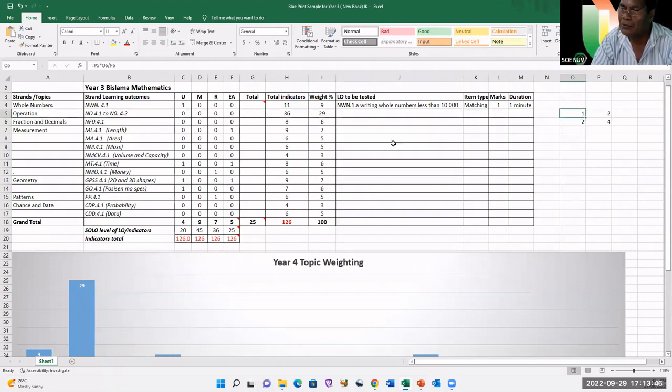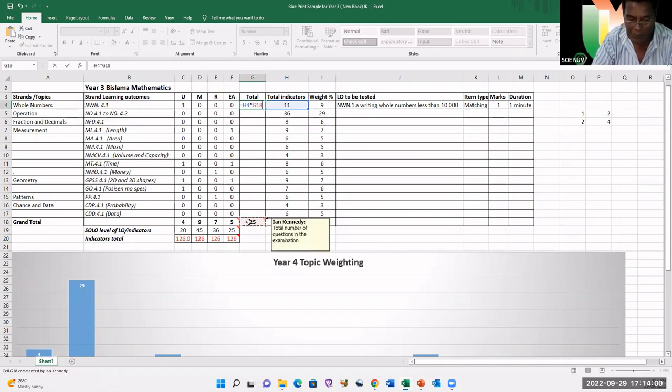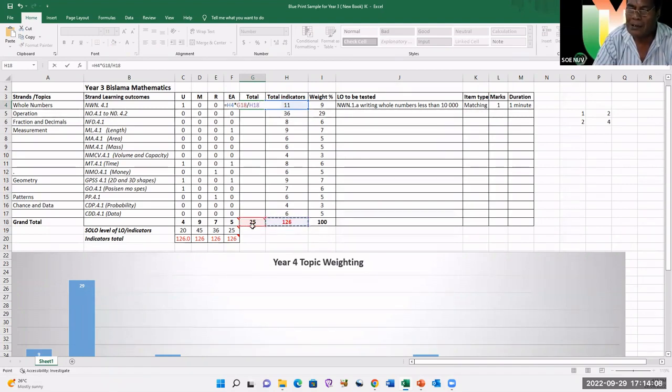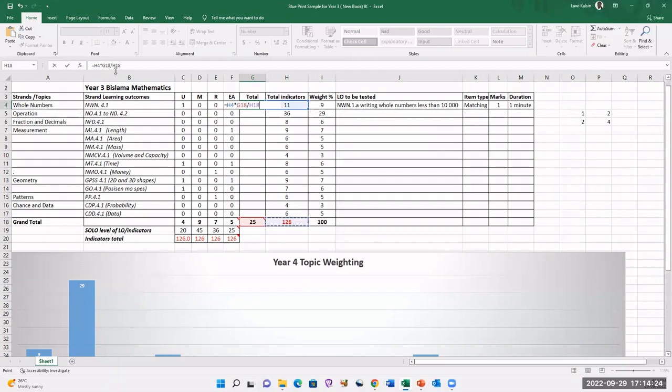So we do the same here. We just type equal 11 multiplied by 25 divided by 126. The repeated cells are 25 and 126, which are in cells T18 and H18.